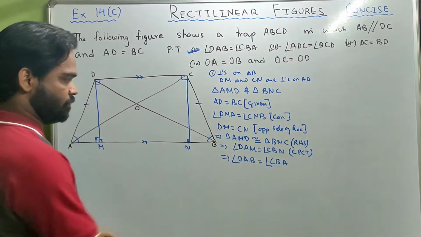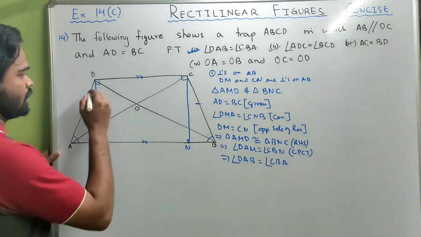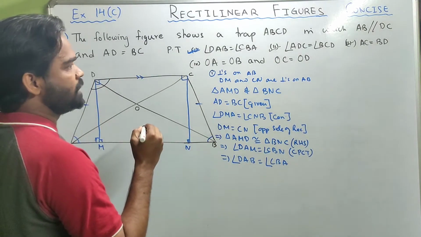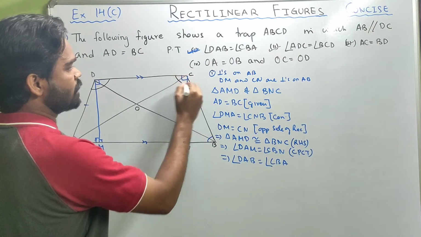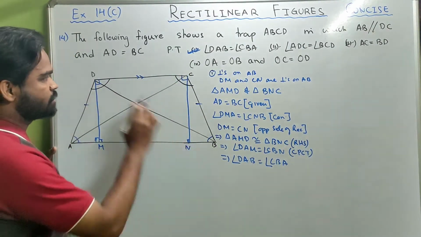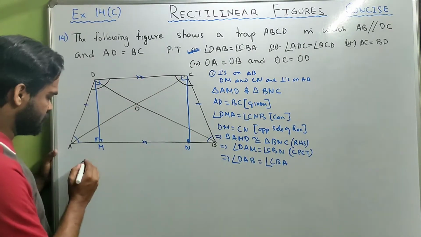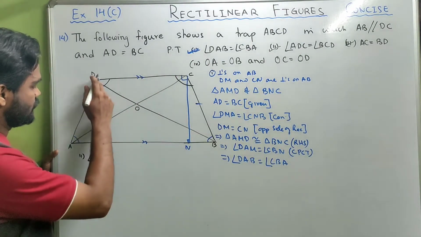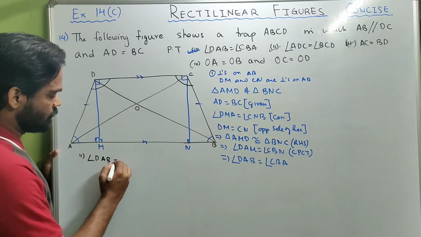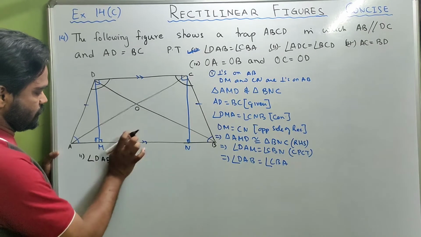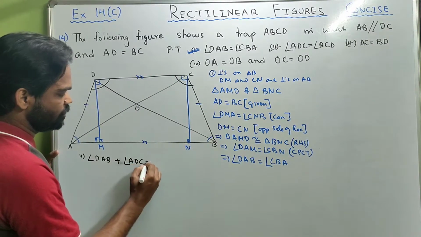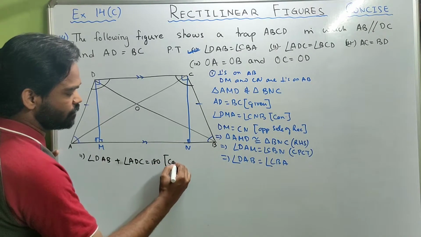Now look at the second part. They ask to prove that angle ADC, which means this angle, and angle BCD, which means this angle, are equal. Very easy. AB is parallel to CD, which means angle DAB plus angle ADC will be 180, co-interior, they are supplementary.